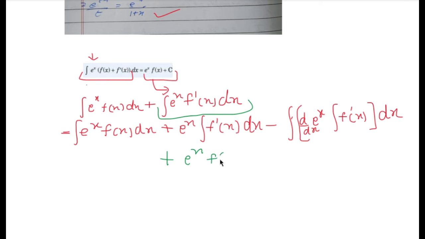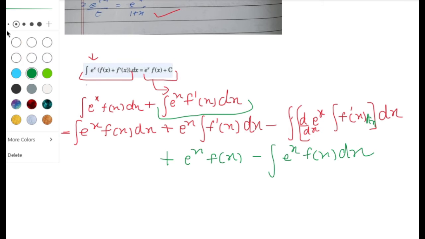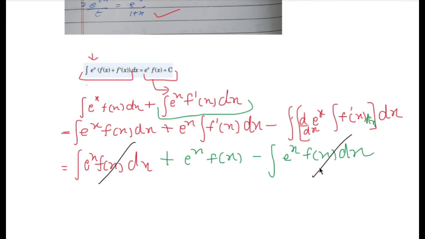Integral of this is this, and here we will have derivative of e raised to power x is this only, and the integral of this is this. So this will cancel with this term here. And we have the answer, and a constant of integration can be put.